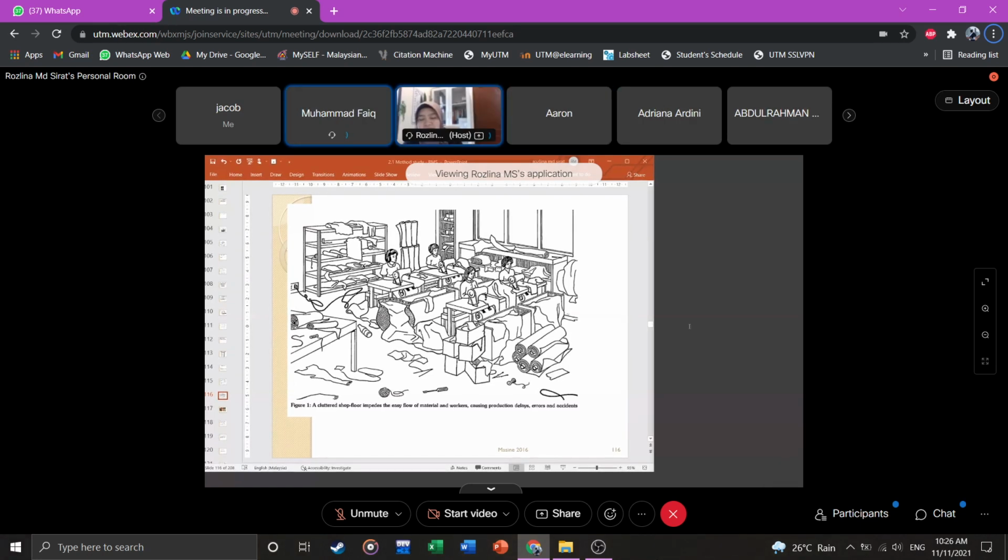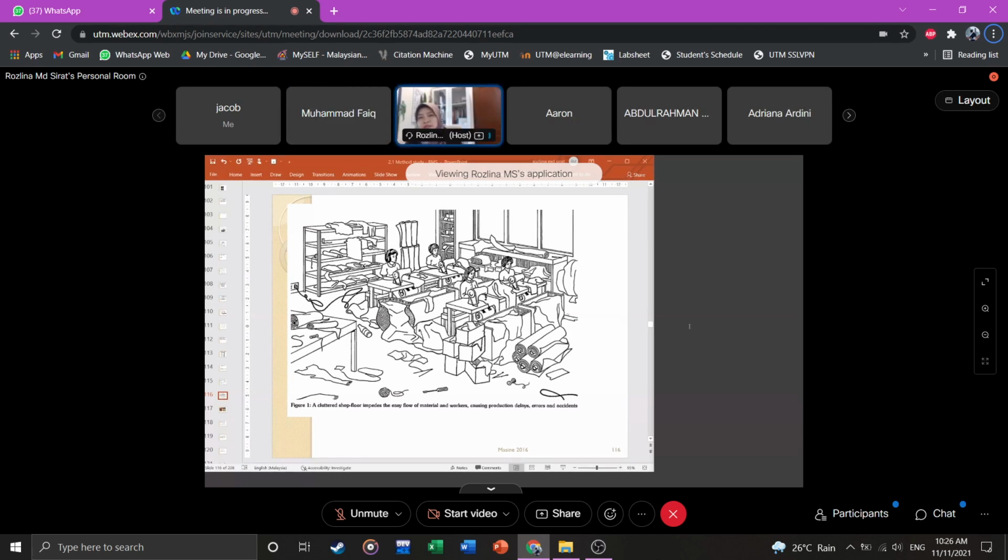First, sort. Sorting, in English they use sorting, set in order, shine, standardize, and sustain.